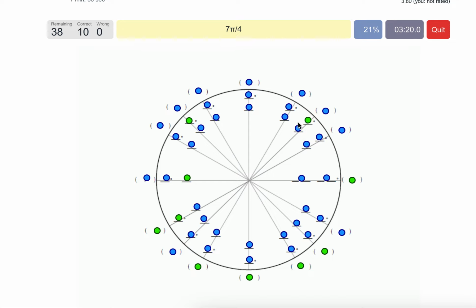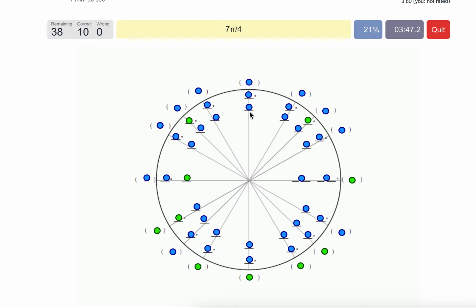Since this is pi over 4, we can count from here to here is pi over 4. Then from here to here is another chunk that's also pi over 4 as well. So 2 pi over 4 is this, which is simplified.